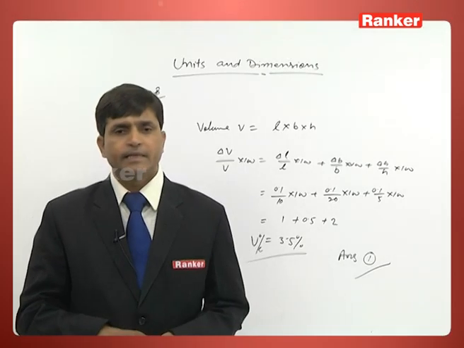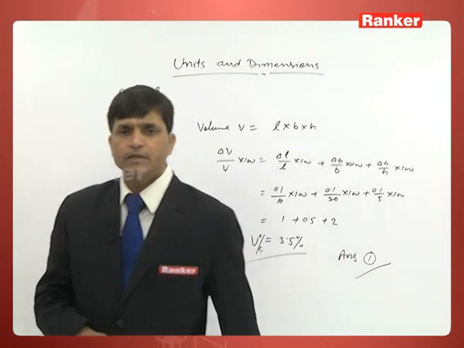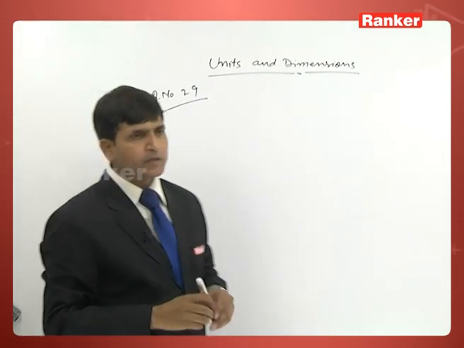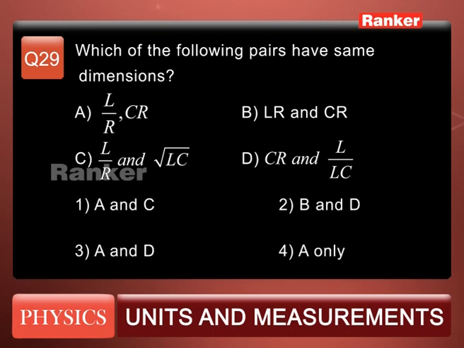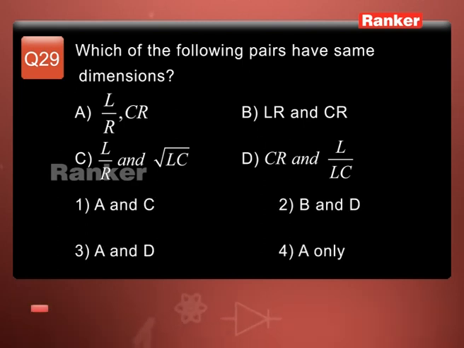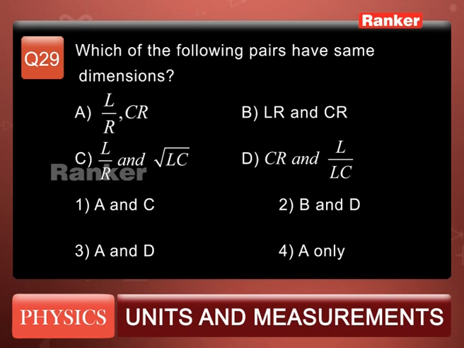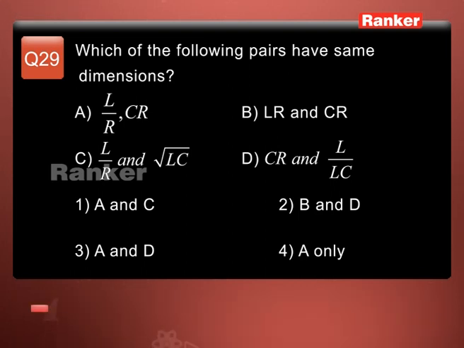Now come to the next question, question number 29. The question number 29: which of the following pairs have same dimension? First option or first pair is given L by R and CR. B option is given LR and CR.